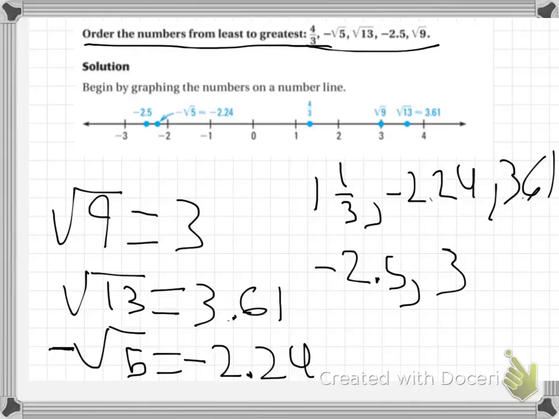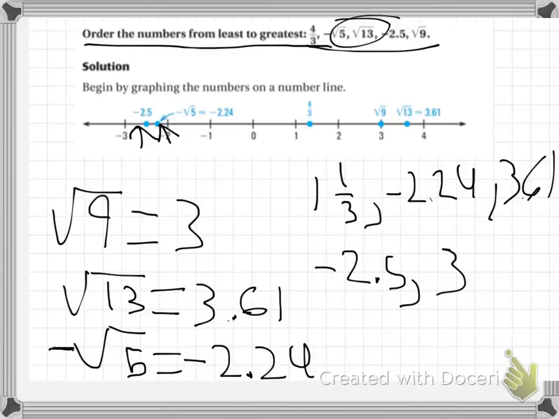So now that you have all of your numbers without the square roots and everything, you take negative 2.5, because you can tell that's the lowest number, and then you plot it right here. What's the closest number to negative 2.5? Negative 2.24. So that goes right there.